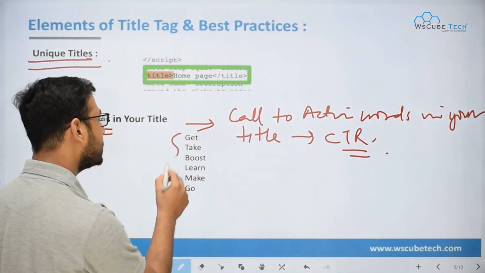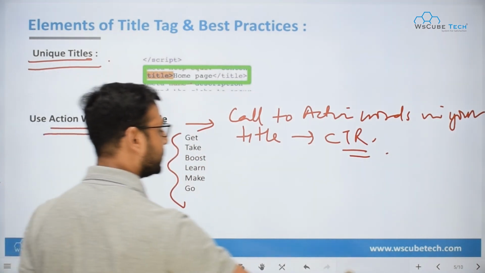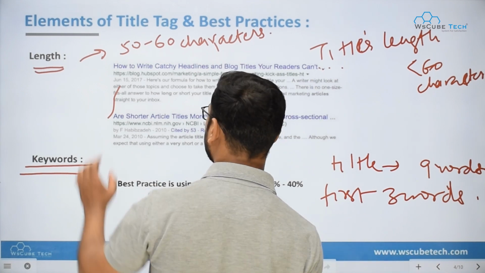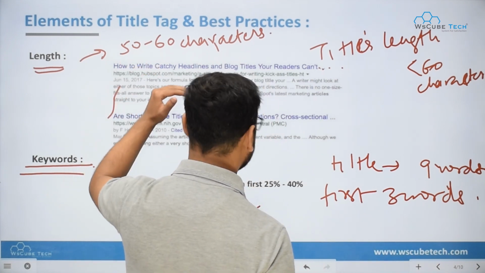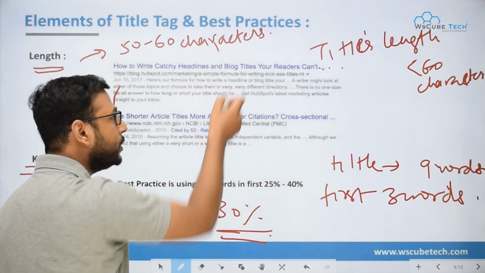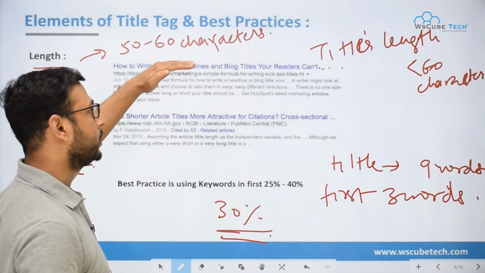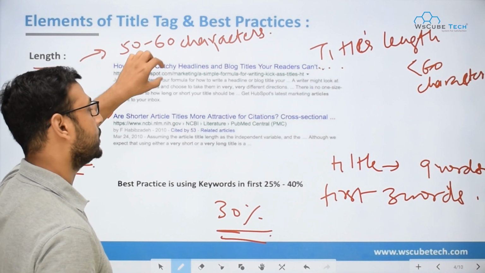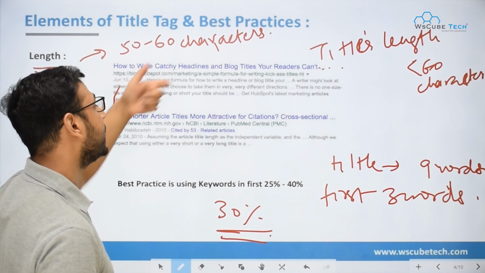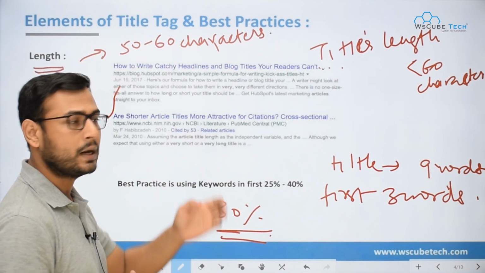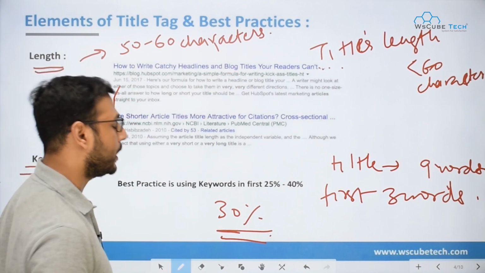If your website ranks and these words are present in your title, they can convince the user that this title is great and that they might find whatever they are looking for on the internet. You can easily convince them, and they will click on this result and come to your website.